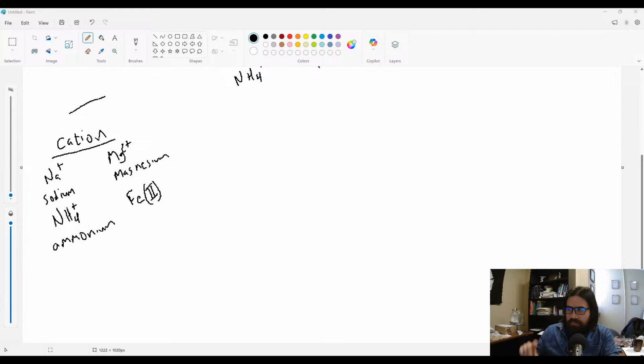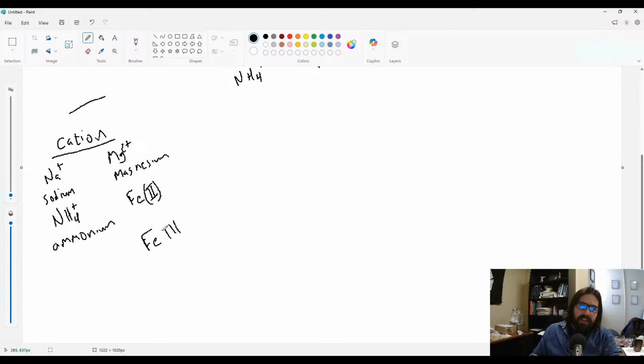Now, there are some types of cations that can have differing amounts of positive charges. I think maybe we mentioned this in a previous lecture, but I'll reemphasize it here. Especially within the transition metals, you can have elements that take a +1, +2, or +3 charge. So for example, iron can exist as iron 2, or it can exist as iron 3.